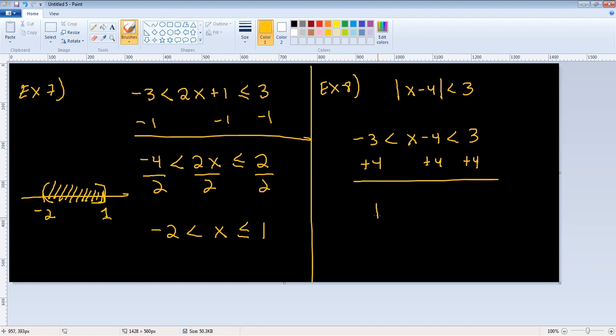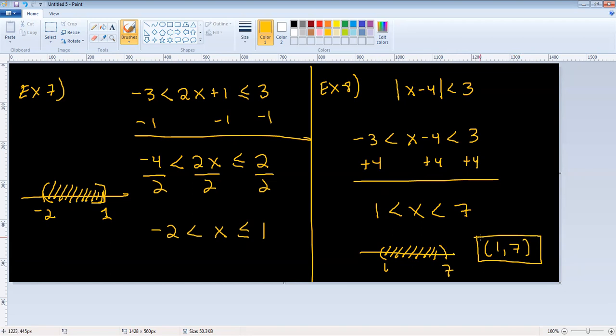So this is going to be 1 less than x less than 7. What is this going to look like? Well, we have 1 and we have 7, and we're going to get this nice little interval 1, 7, just like that.